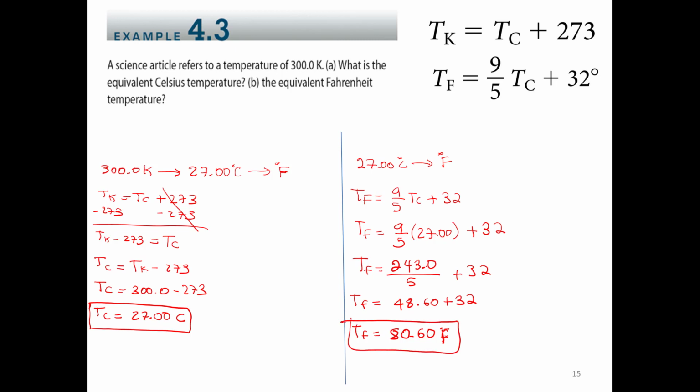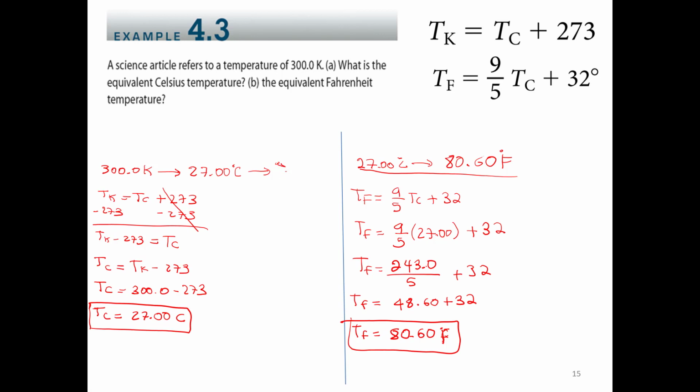Here we can say that converting this into Fahrenheit gives 80.6. Now we have 300 Kelvin corresponding to 27 Celsius and corresponding to 80.6 Fahrenheit.